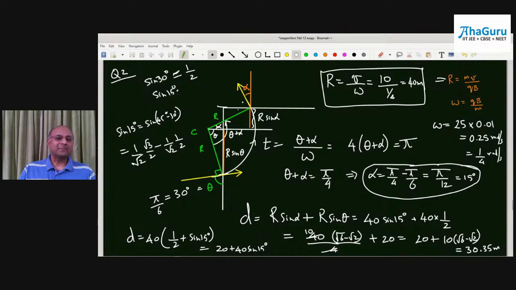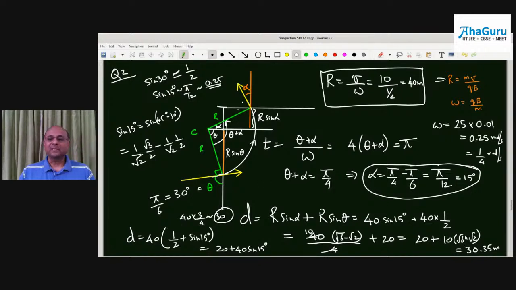So this answer must be pi by 12, but pi is like 3 by 12, 1 by 4. So the answer must be about 0.25. You can think of it as almost 0.25. So this is 0.5, this is 0.25, 0.75. So 40 into 0.75 is approximately 30. So you can look at the answer that is close to 30 and mark it.